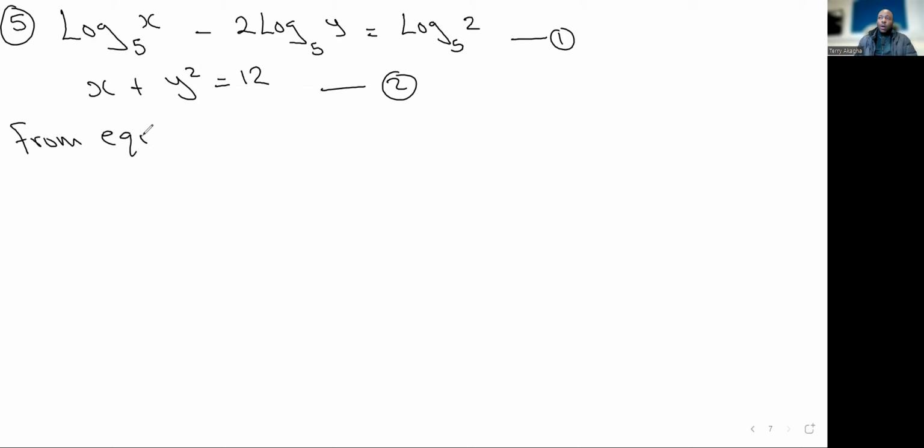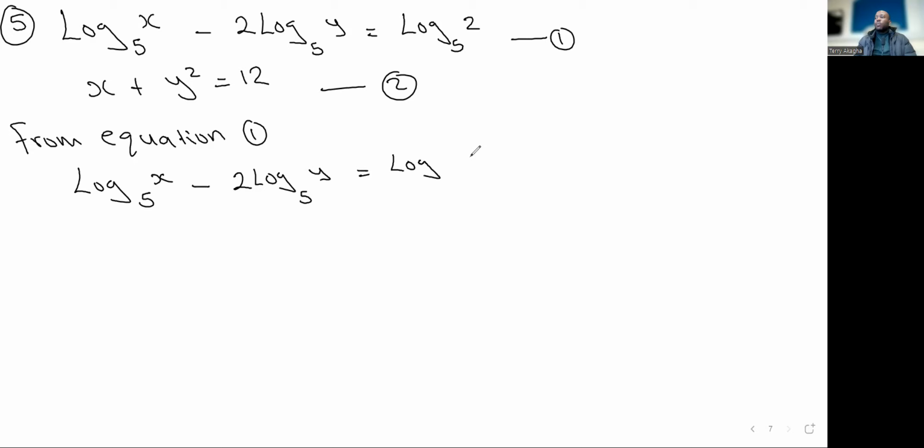So from equation 1, we have log x base 5 minus 2 log y base 5 is equal to log 2 base 5.